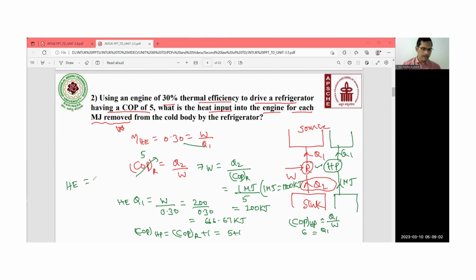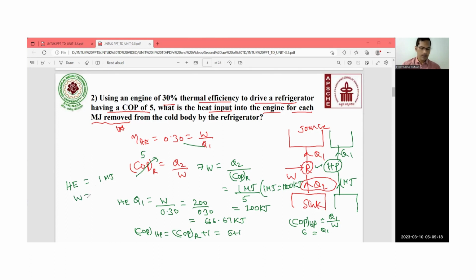The heat input to the heat engine is 1 megajoule. But what about the work?